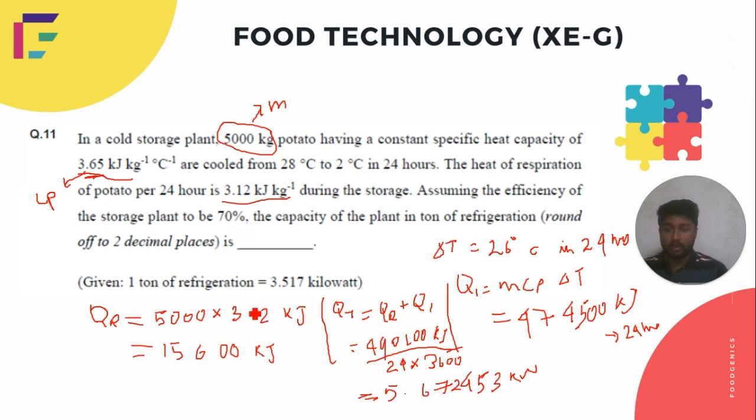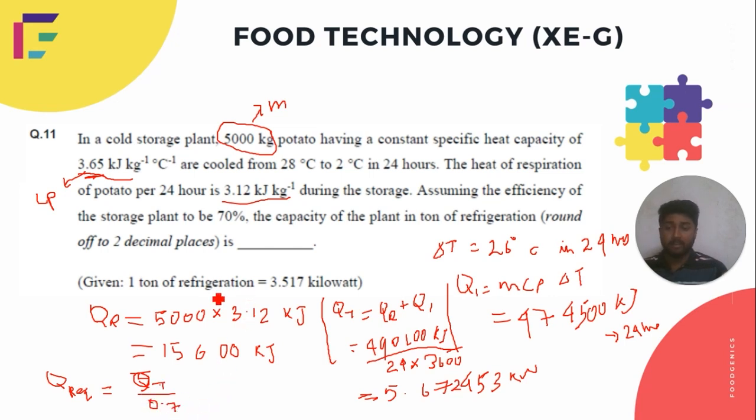Now they have given that the efficiency of the plant is 70%. So what we have to do is get a higher capacity of plant, that is, we have to divide the heat by 0.7. So Q required is equal to Q total by 0.7.